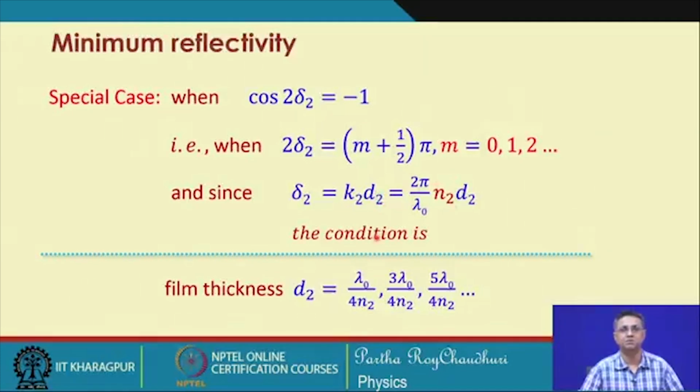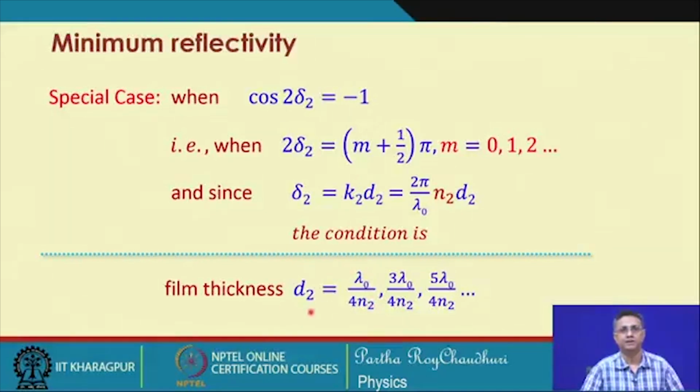This gives me the condition for cosine twice delta 2 equal to minus 1, as the film thickness d2 should be lambda by 4 times n2, 3 lambda0 by 4 times n2, 5, all odd integers of the factor lambda by 4 n2.